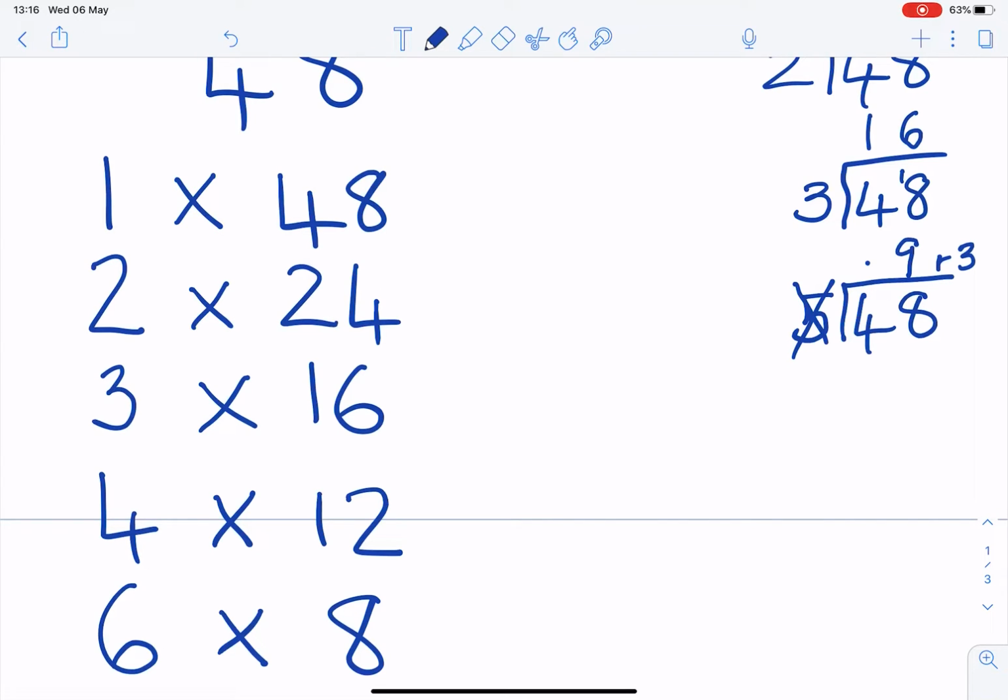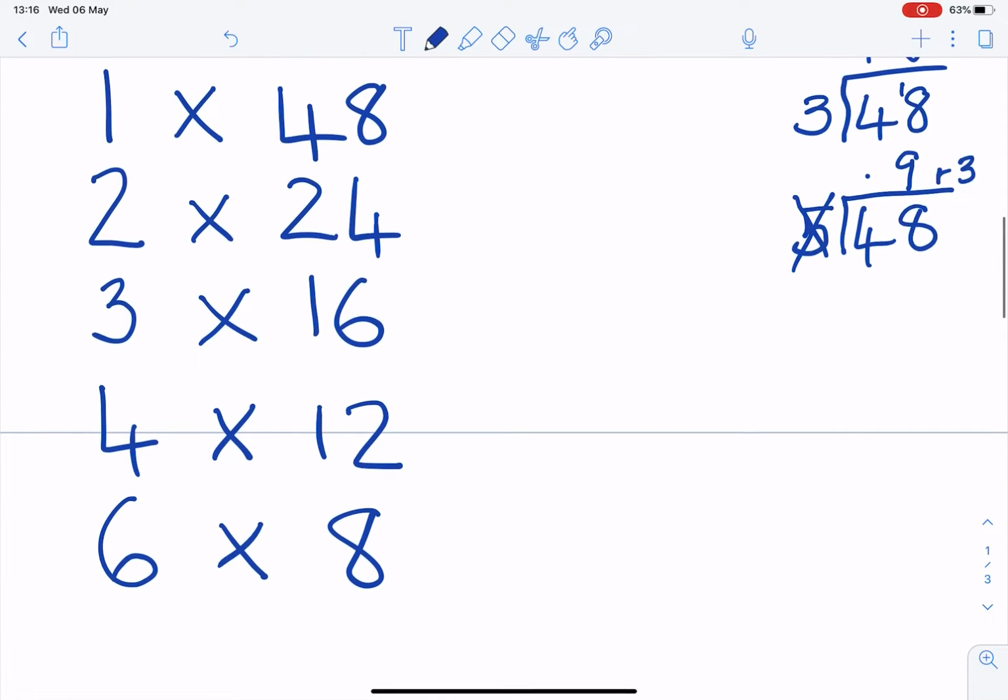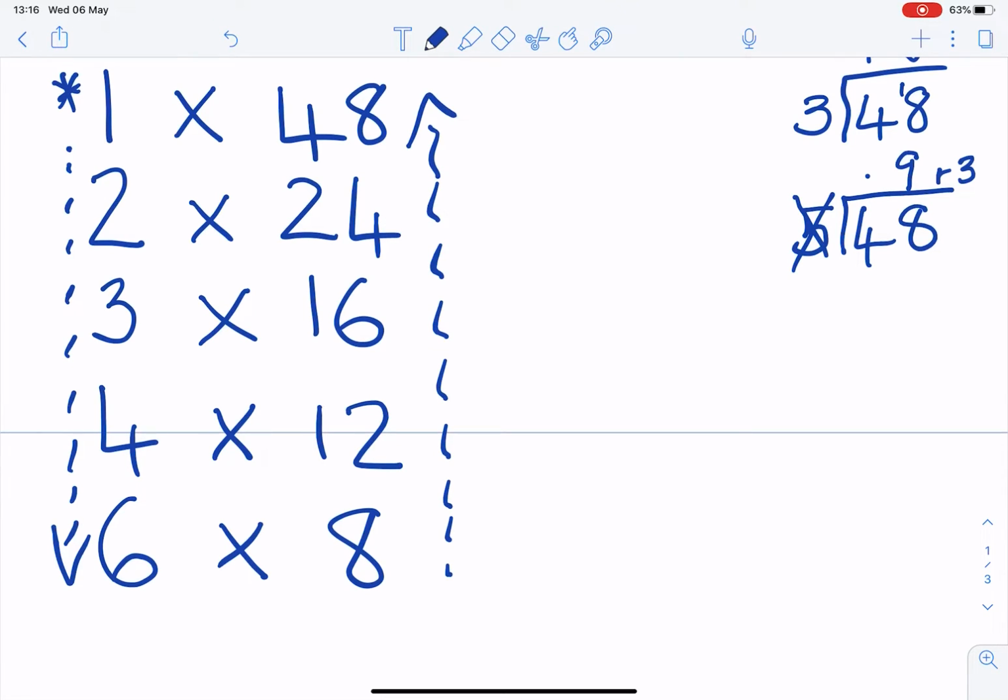If I want to write these factors in a list, I will do it as follows. I will start here at the top and I will work my way down, and then I will work my way up the other side. If you write things in order, it's so much easier for you to see if you are correct or not. So let's look at that.